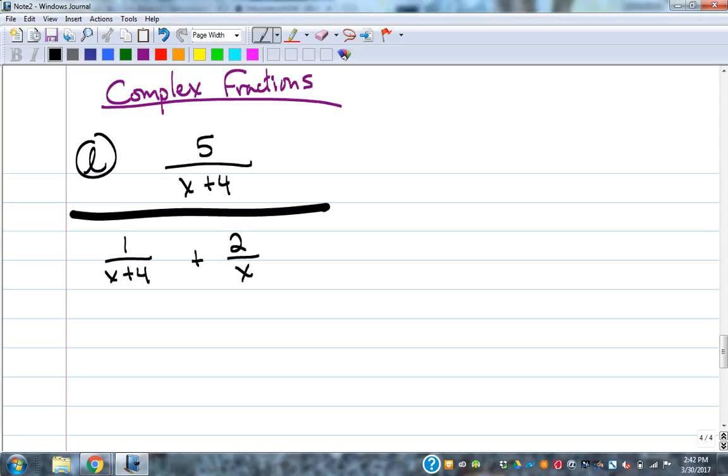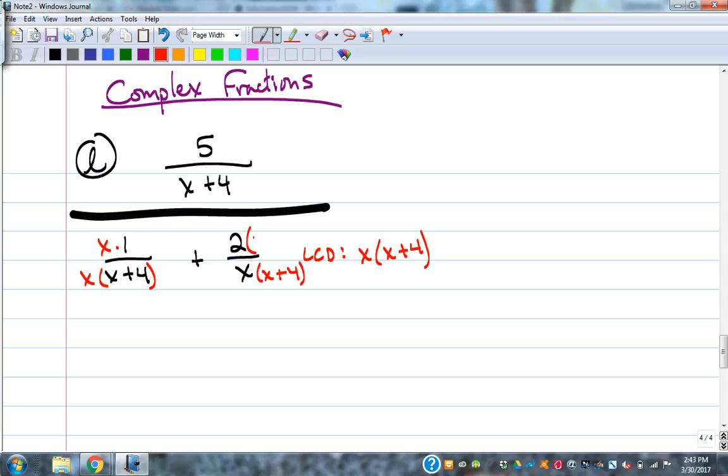So what do we need to do with that problem? Find the common denominator. What would the common denominator for this part be? X times x plus 4. Good job. What does the first fraction need? It needs an x. What does the second fraction need?